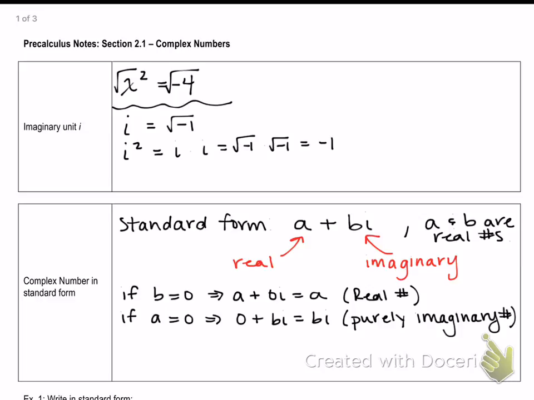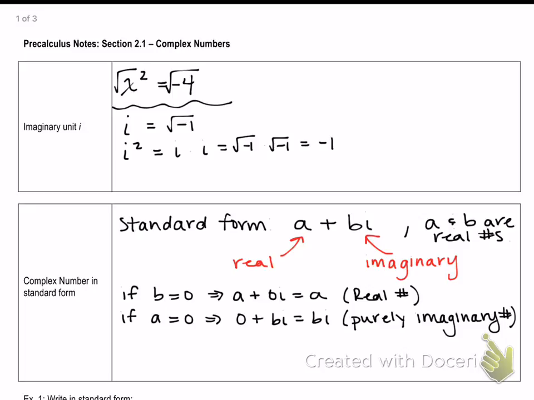So I wanted you to understand that if I have a plus bi, that becomes a complex number. a is the real part, bi is the imaginary part. And then if one or the other is equal to 0, then I would have either a real number or I would have a purely imaginary number. Okay?